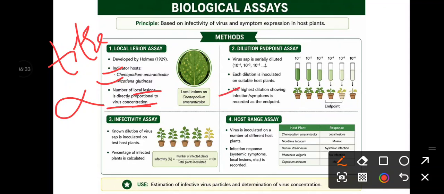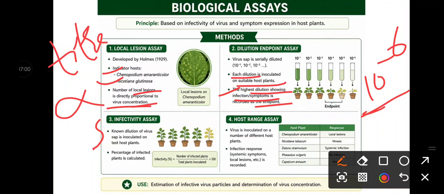So that is the highest dilution or dilution endpoint. Each dilution is inoculated on a suitable host, and the highest dilution showing infection and symptom is recorded as the endpoint. For different viruses, the dilution endpoint is different. So based on that, we can check. For TMV, it is 10 to the power minus 6.